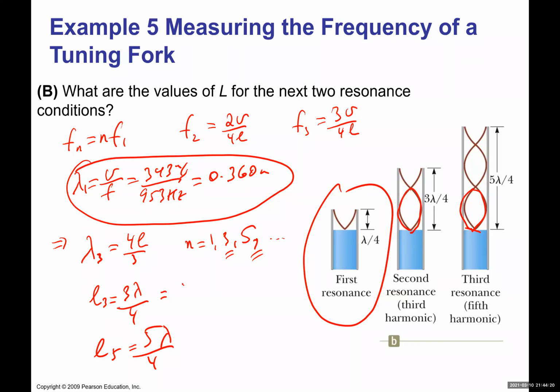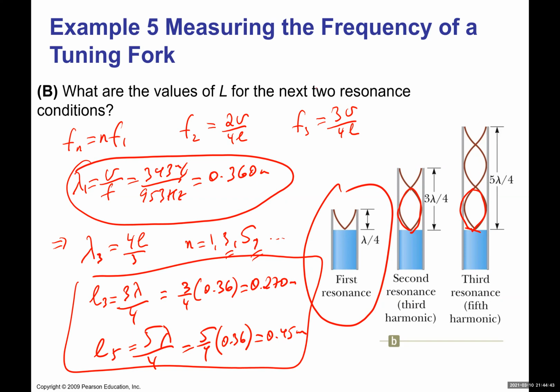Basically this becomes 3/4 of the fundamental, lambda 1, so 3/4 of 0.36, which gives us 0.27 meters. And then this will be 5/4 of the 0.36, and that will give us 0.45 meters. So that's how we can find the L for the next two resonance conditions.